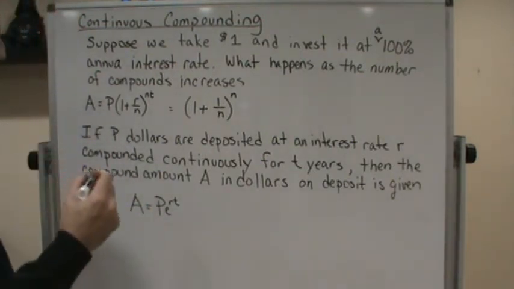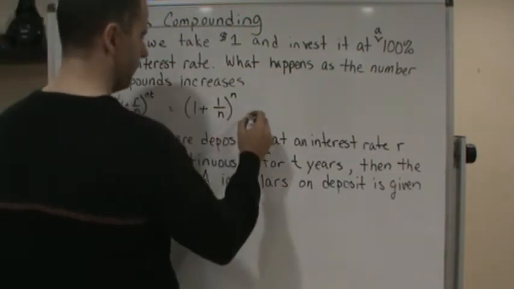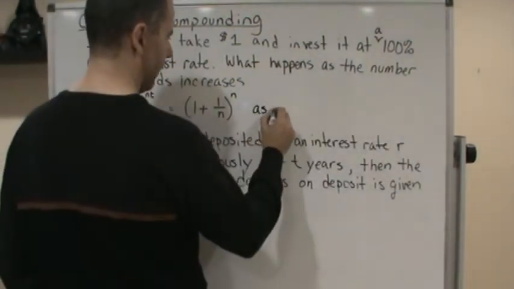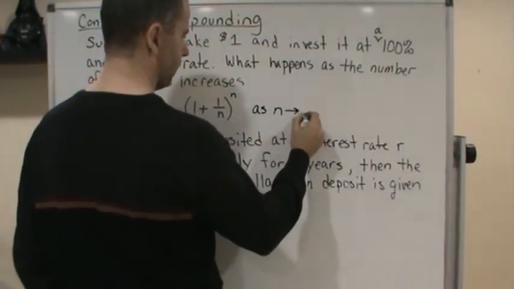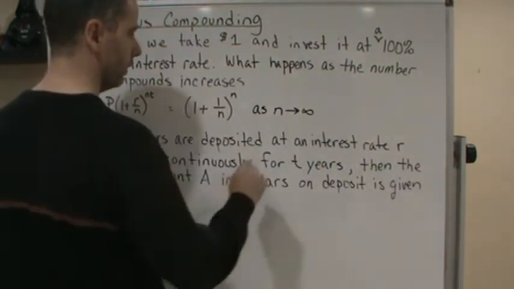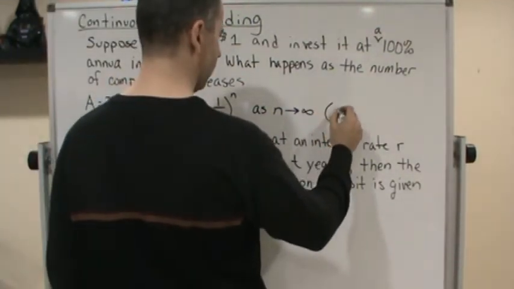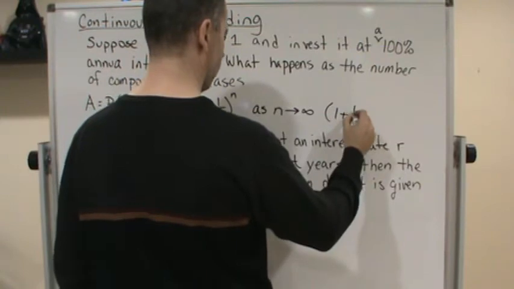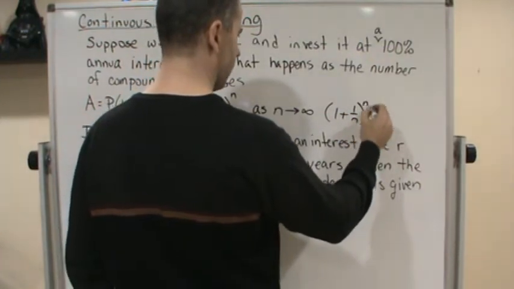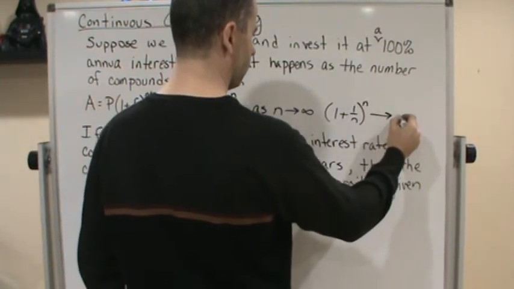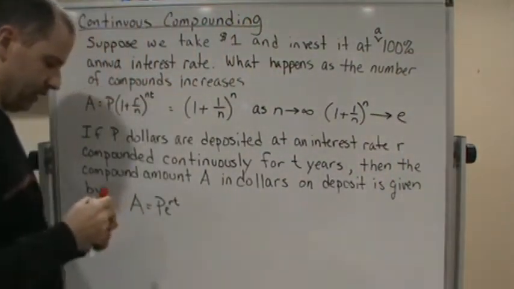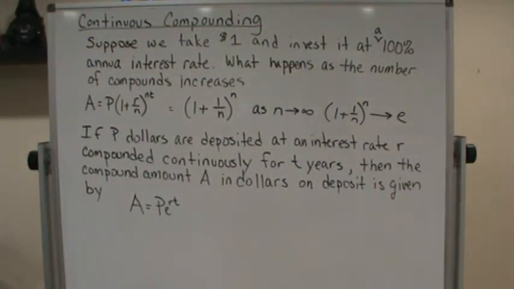Well, it turns out that as n approaches infinity, this expression, 1 plus 1 over n to the nth power, approaches the natural exponential e, or the natural base, e.